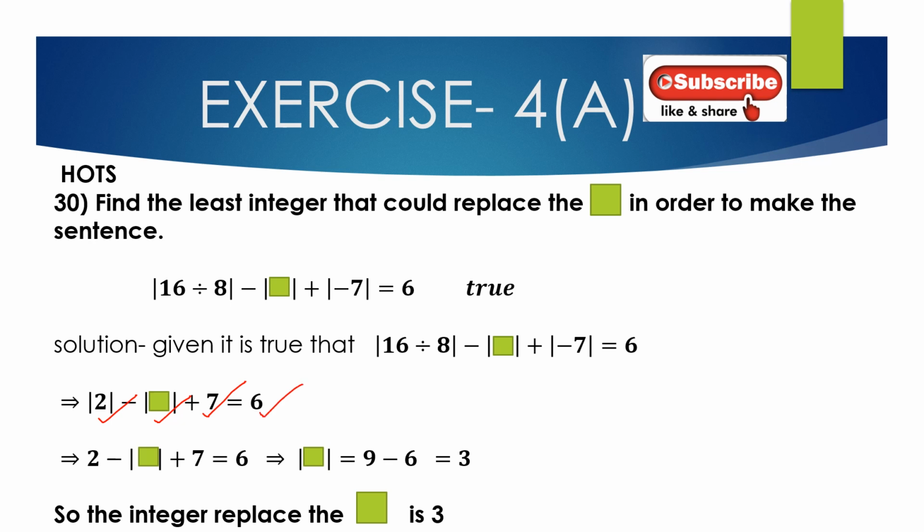Absolute value of 2 is 2, so 2 minus absolute value of box plus 7 equals 6. 2 plus 7 is 9. 9 minus absolute value of box equals 6. So absolute value of box equals 9 minus 6, which is 3. So the integer that replaces the box is 3.